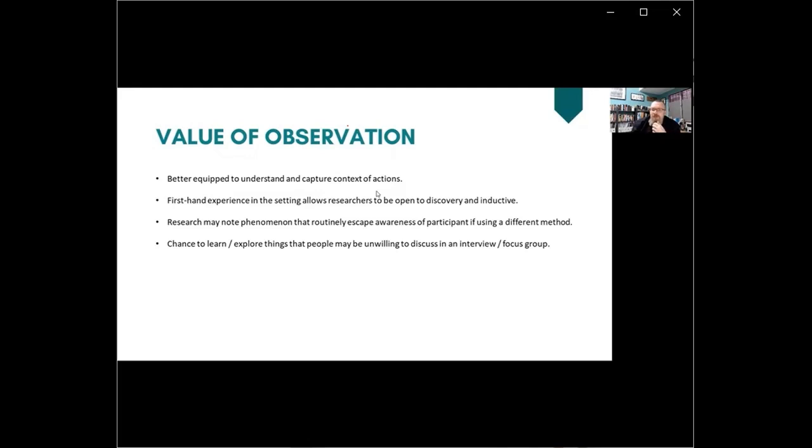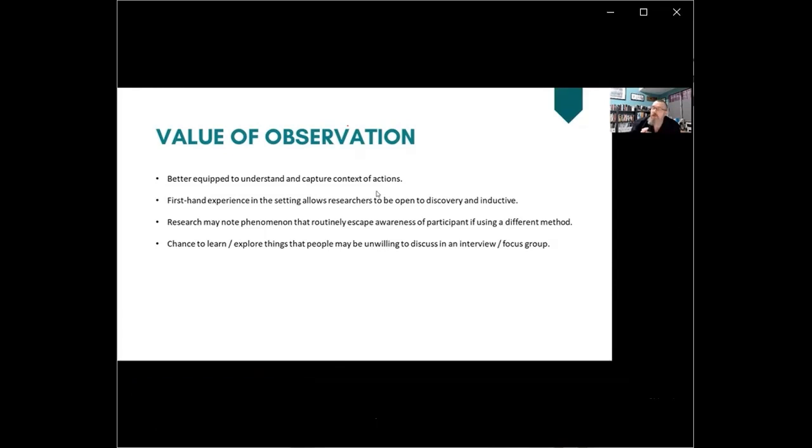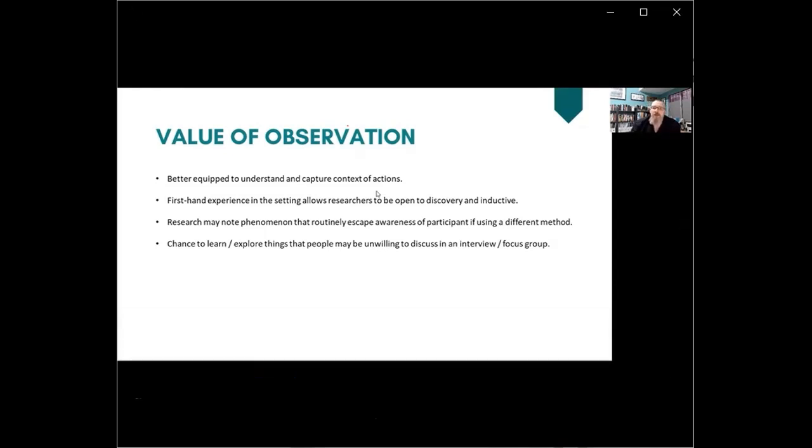Research may also note phenomenon that has routinely escaped the awareness of the participant if we use a different method. So if, for example, we did a decent quality focus group, which can result in some fantastic information, but because of the presence of something or someone in a real world situation, all of the behaviors change or are different. Now, this can be a really good scenario in education. We look at doing a focus group, understanding how certain things work in the classroom, how children react, how teachers react.